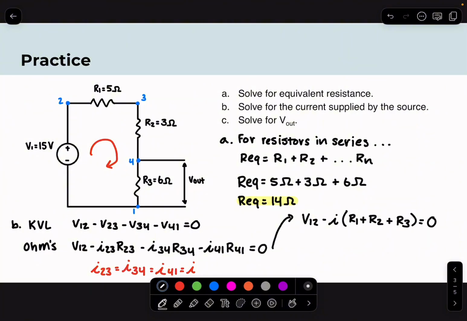And you'll notice that this equation right here is the same as this equation right here. Then we'll solve for current, which becomes 15 over 14 amps. So there's our solution to part B.